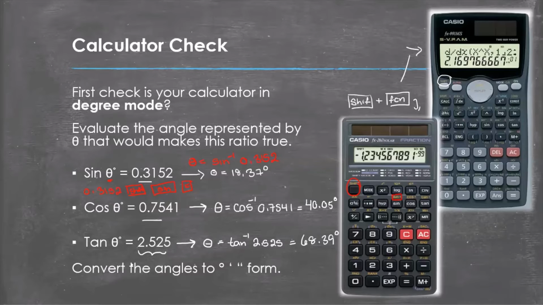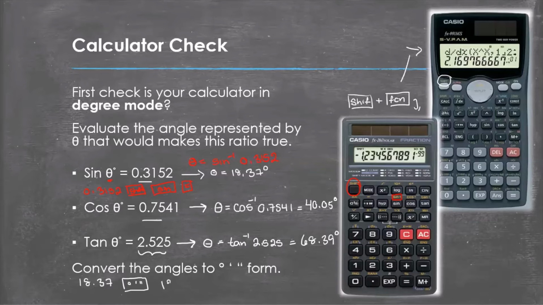Now here the last step says, convert the angles to degree, minute, and second form. Really easy to do. Just as a quick reminder, you take your decimal, and this works no matter which calculator. You're going to take your degrees. Okay, so you're going to take the 18.37, and then you're going to press the degree, minute, second button.